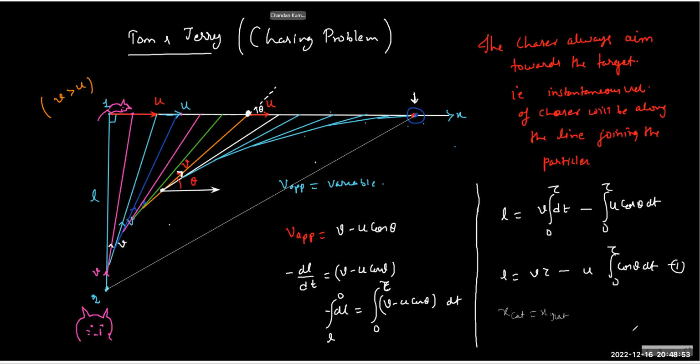How to write the displacement? So x cat equals x rat. X rat is easy to write. Why? Because it's a constant speed, u tau.